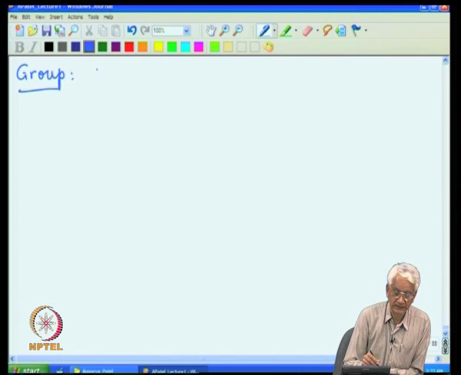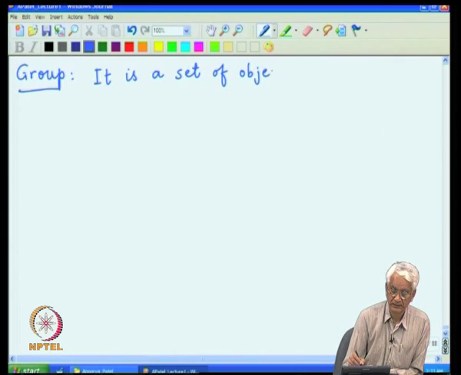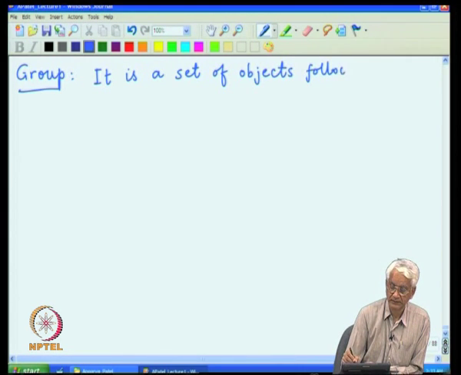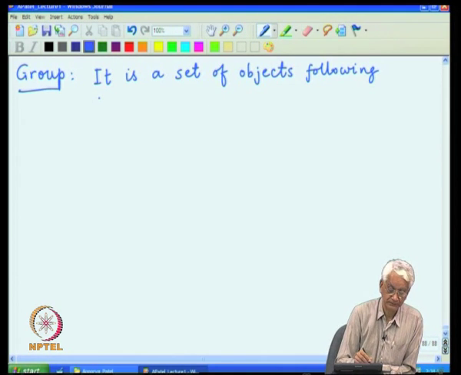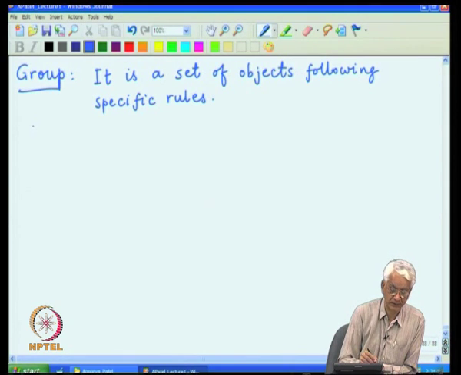So, it is a set of objects following specific rules, and I will just list them one by one.